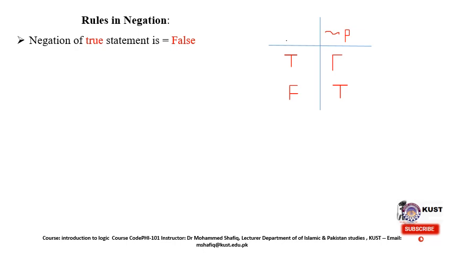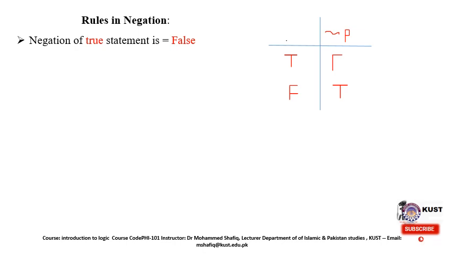Now, rules of negation. When we are using the truth tables, which we are going to use at a later stage, using these symbolic forms of statements to check the validity of our arguments by means of truth tables, we have certain rules for all kinds of symbols.